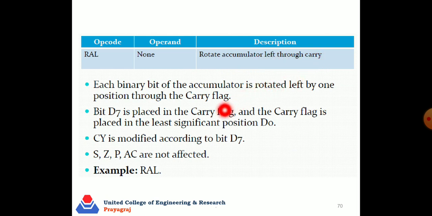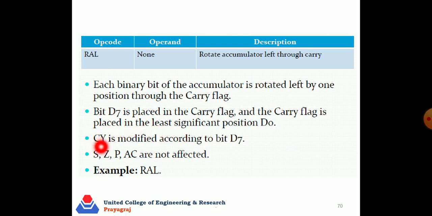In this instruction, each binary bit of the accumulator is rotated left by one position through the carry. That means bit D7 is placed in the carry flag and the carry flag status is placed in the LSB of the number, that means D0, and D0 shifted to D1, D1 shifted to D2, D2 shifted to D3, D3 shifted to D4, and so on.